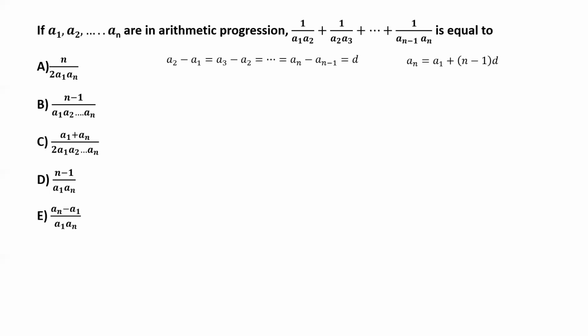So these two are important equations that apply to a sequence in arithmetic progression. That's always worth remembering and really comes in handy for many problems related to arithmetic progression.